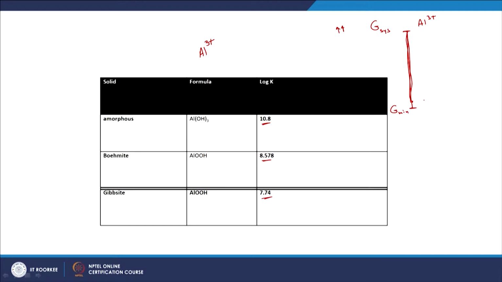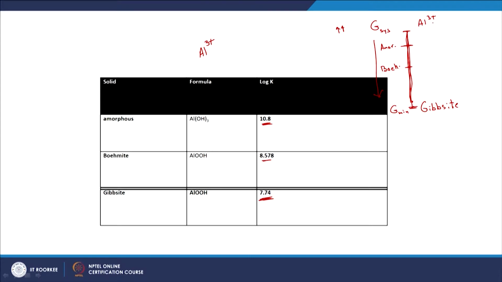So where does the system want to travel? From here to here, but there are different stages. Because the log K value is higher, initially you will come across the amorphous form, then the boehmite form, and then you will reach the gibbsite form, where you are going to have the minimum Gibbs energy of your system.